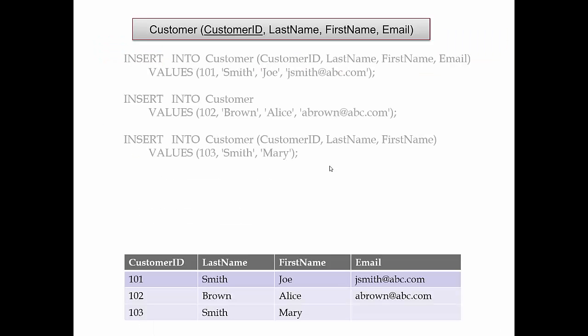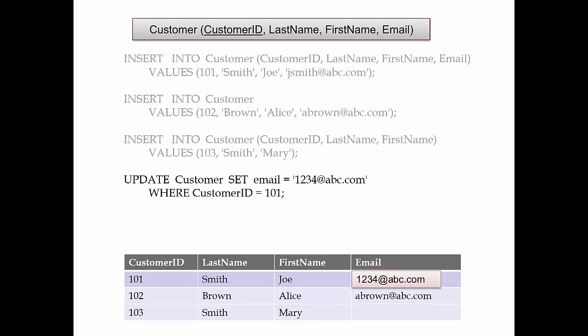Suppose now I want to update the email address for the first customer. So the command here is update the table name, which is customer. So update customer, and I want to set a new email address for the first customer. So I set email equals 1234@abc.com, where customer ID equals 101.